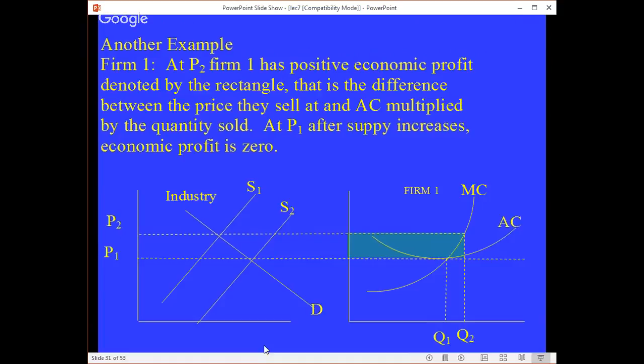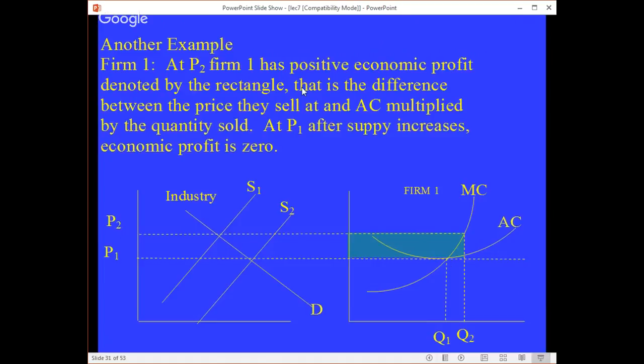Another example, graphic. Here I have a firm, and I'm going to assume that all the firms in the industry are the same. So I have firm 1 here, and it has positive economic profits, right, by this greenish rectangle. So that's the difference between the price they sell at and my average cost, which is here.